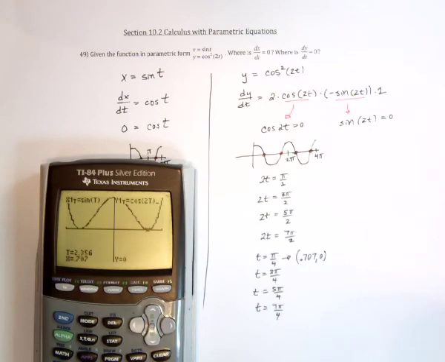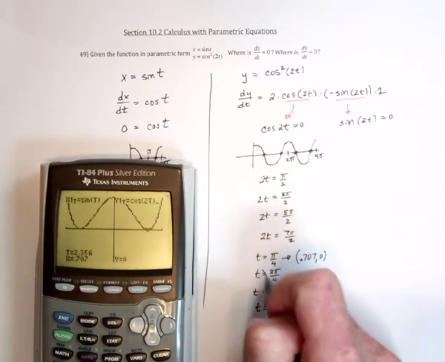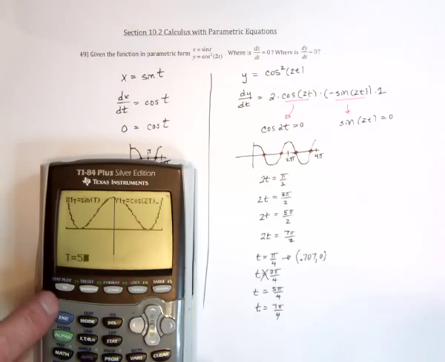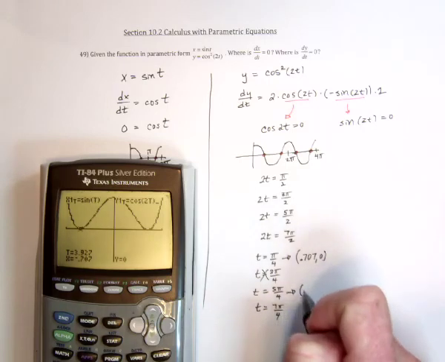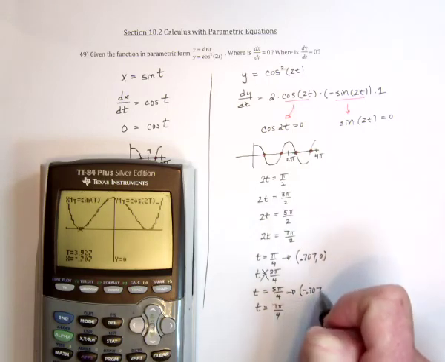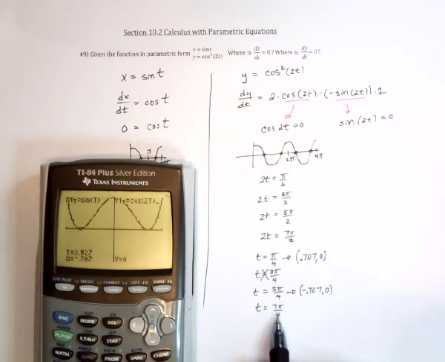That's repeat information. So we don't need that one. 5 pi over 4. That's that bottom part over there. So negative 0.707. What about this 7 pi over 4? That's repeat information.